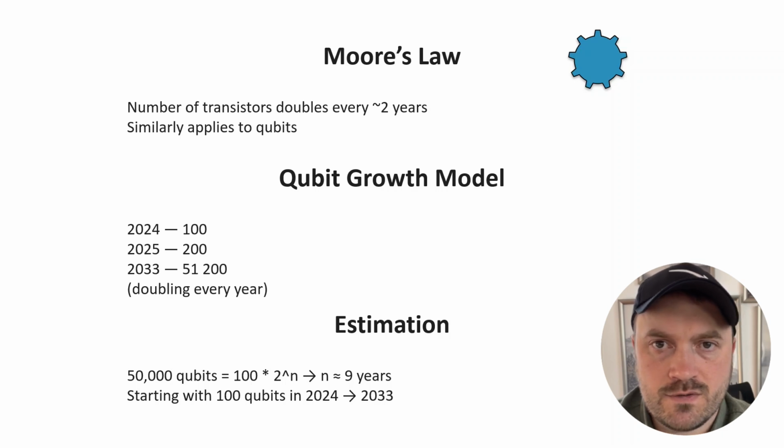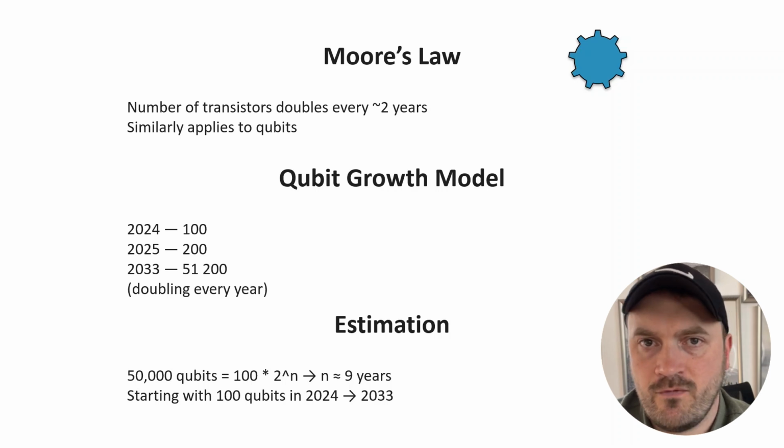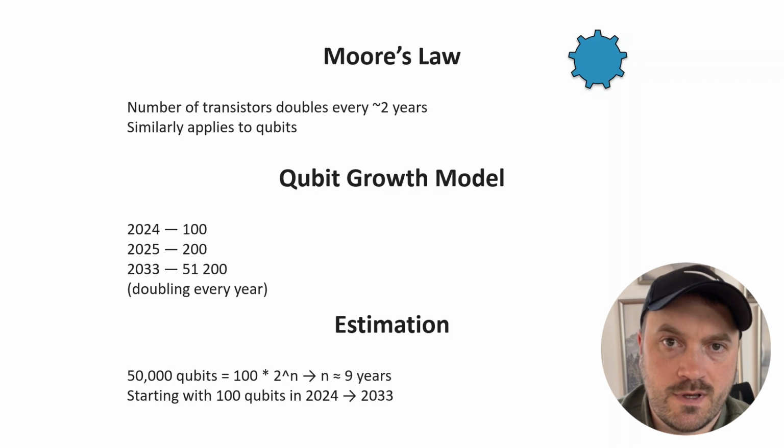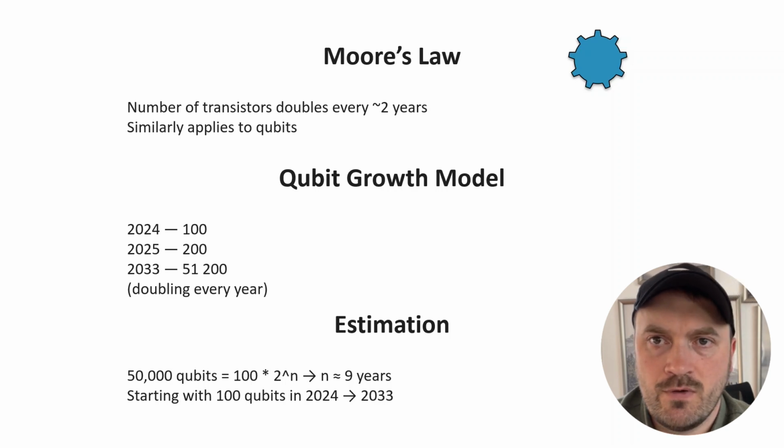We also know that this would require something around 512 logical qubits and, with error correction, around 50,000 physical qubits. The question is, when will a quantum computer with such power be available?